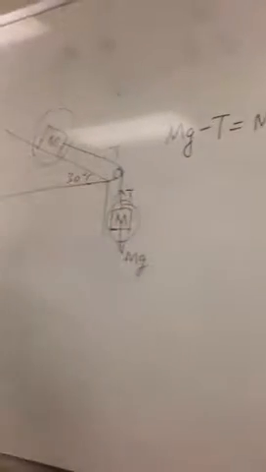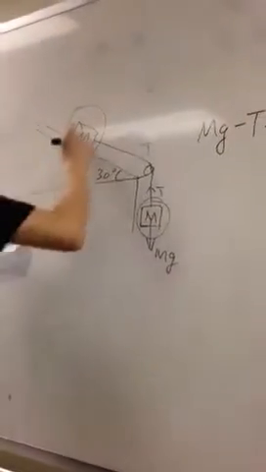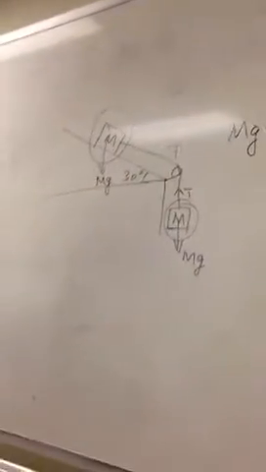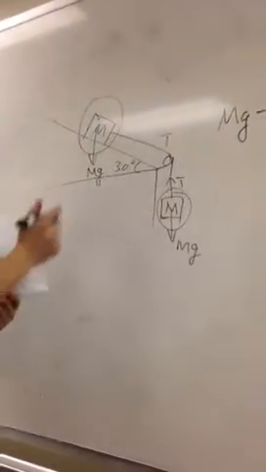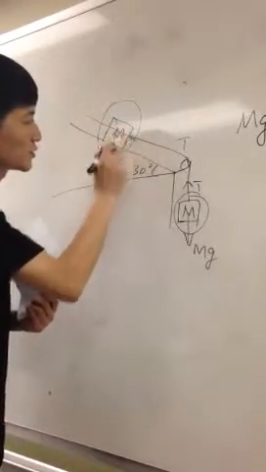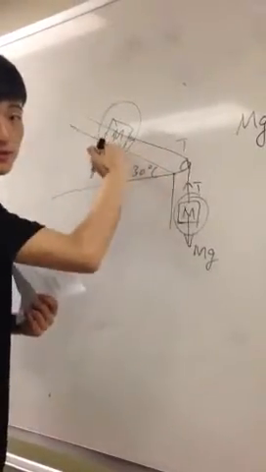And then if you look at this object, you also have gravity, right? But you want to separate this gravity along this surface.